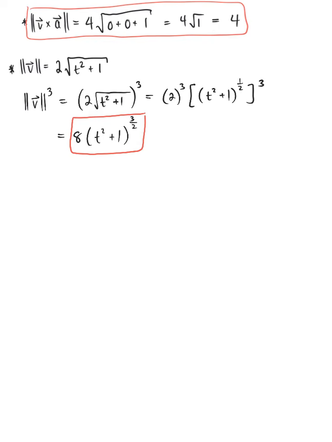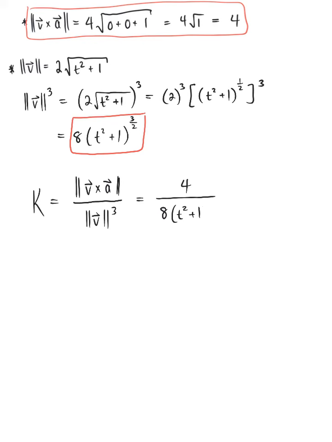So our curvature kappa, using the alternative definition, is defined as the magnitude of the velocity vector crossed with the acceleration vector, all divided by the magnitude of the velocity vector cubed. Plugging everything in, we have 4 in the numerator, all divided by 8 times t squared plus 1 raised to the 3/2, which of course we want to simplify.